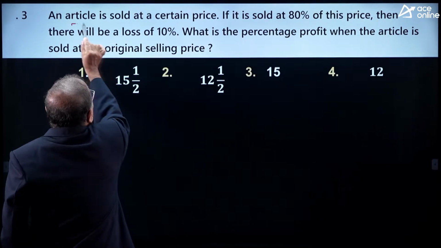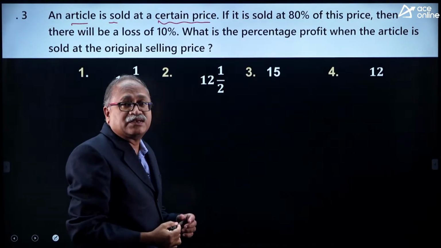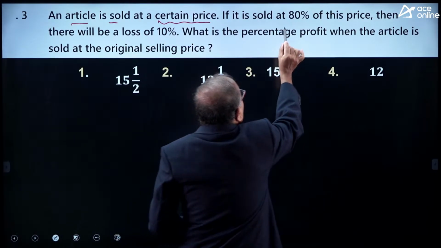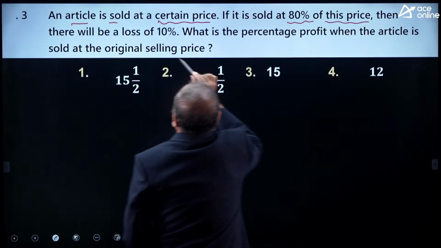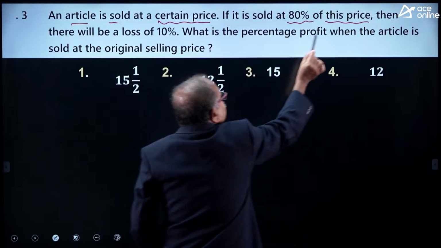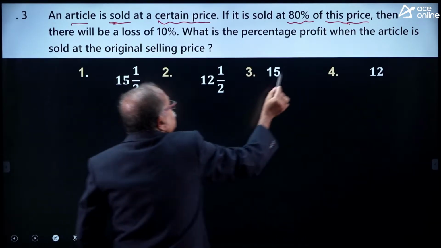An article is sold at a certain price. I do not know what the SP is. Now, if it is sold at 80% of this price, when it says this price, it is talking about the selling price.